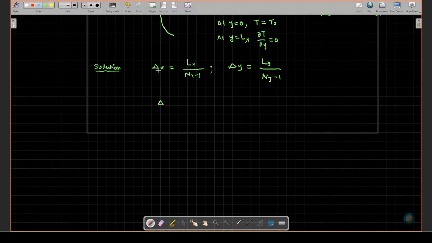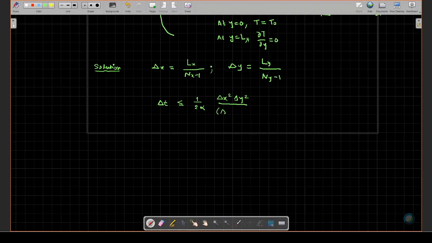Once we have calculated delta x and delta y, from that stability limit you can calculate delta t, which has the condition delta t less than 1 over alpha times delta x square delta y square over the sum of delta x square and delta y square.